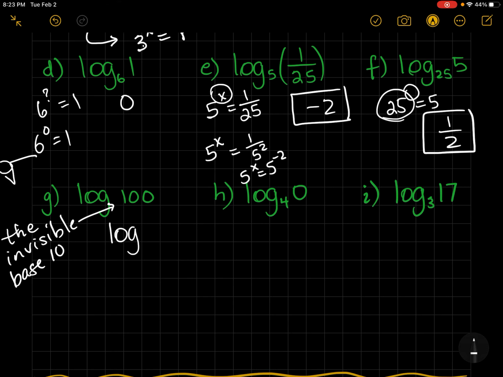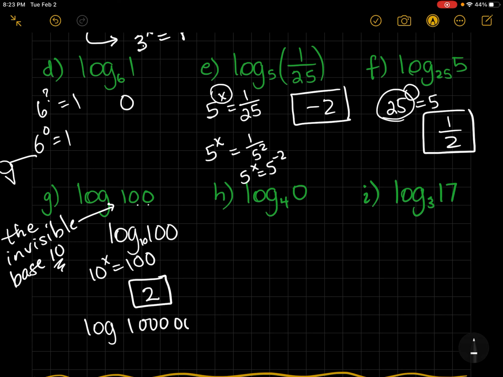So that's the understood power. So we're saying 10 to what power equals 100? 10 squared is 100. A shortcut, since it's base 10, you can just count the zeros. So if I ask you for log of 1 million, that's just 6. You can just count the zeros.